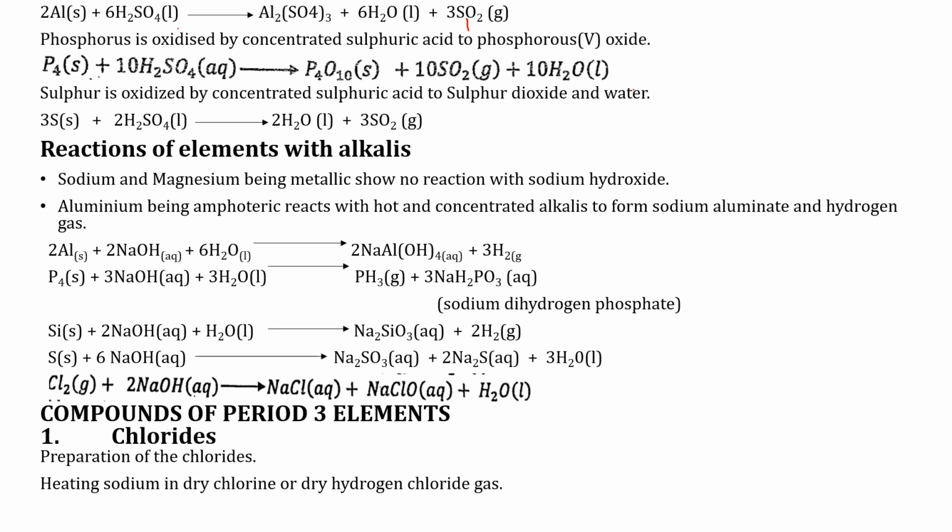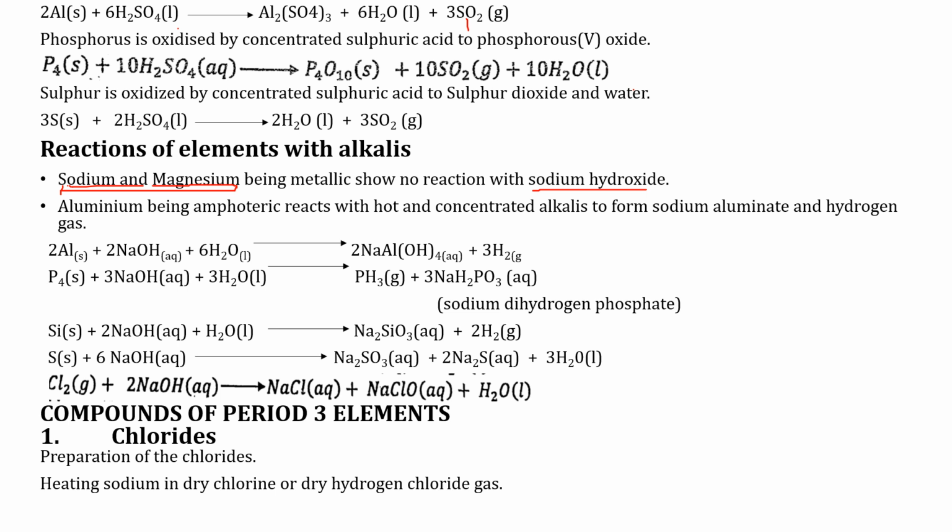So sodium and magnesium are not going to react with sodium hydroxide, and the reason for that is because sodium and magnesium are basic. They are bases, so we don't expect a base to react with a base. That's why we are saying sodium and magnesium do not react with sodium hydroxide at any condition.